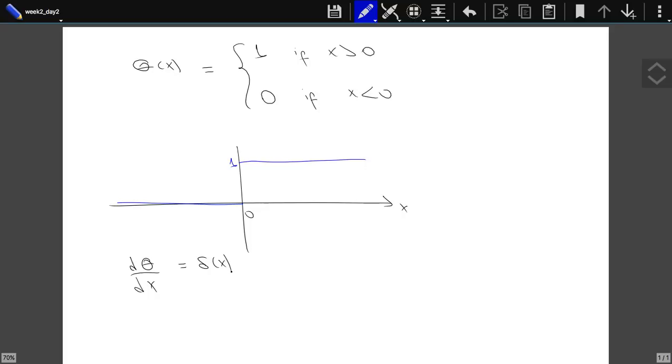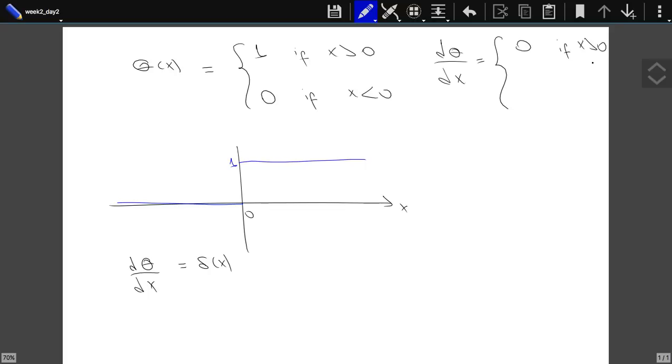Well, let's look at this step function. Its derivative. What is the derivative if x is larger than 0? 0, because if x is larger than 0, the step function always has the value 1, which is constant. Derivative is 0.